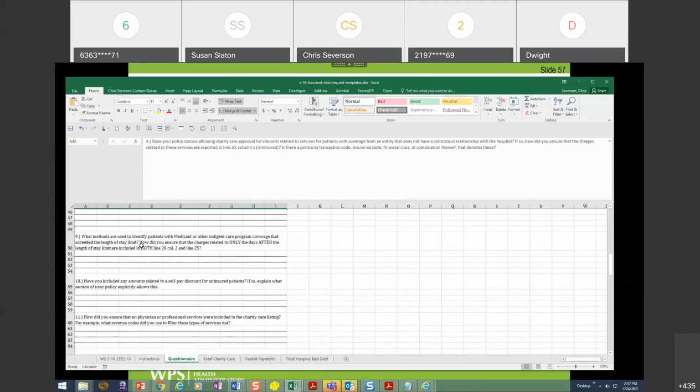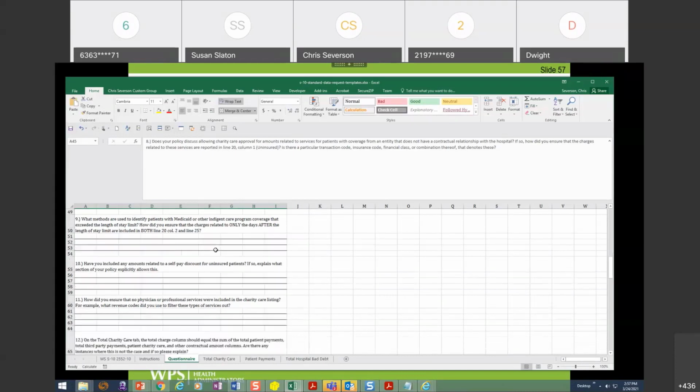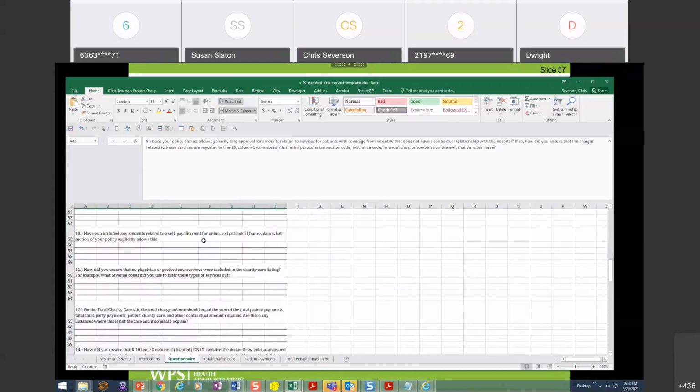Number 9, this is the length of stay limit, and it reminds you that this goes in both column 2, line 20, and line 25. 10, self-pay or uninsured discounts. They're allowable, but explain what section of your policy explicitly allows this.